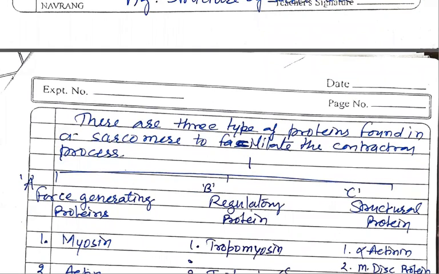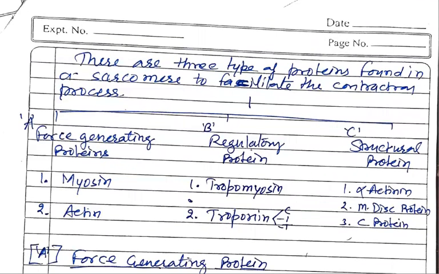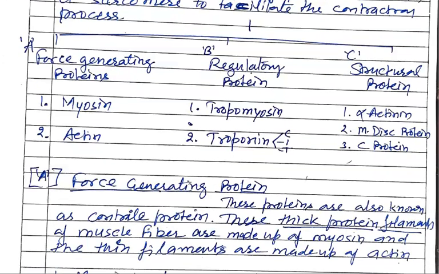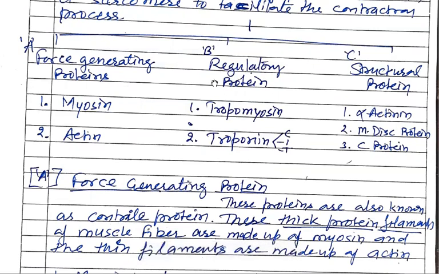There are three types of proteins found in a sarcomere to facilitate the contraction process. These three proteins are force generating proteins, regulatory proteins, and structural proteins. The first, the force generating proteins, are myosins and actins.